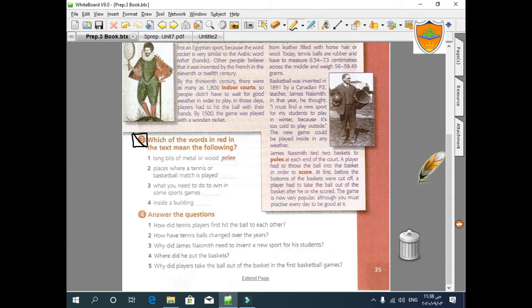What are these places? They are courts. What you need to do to win in some sports games? Score. Inside a building means indoor.